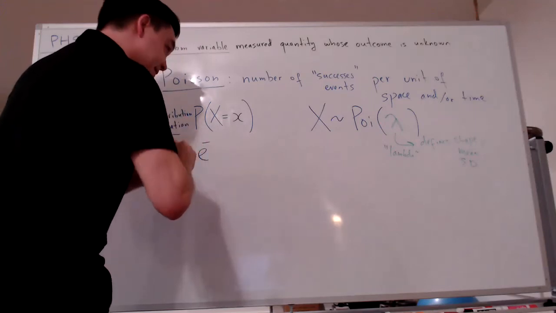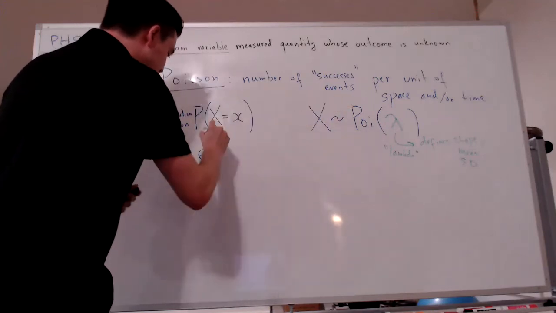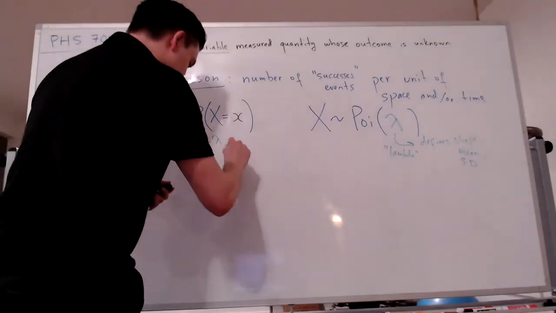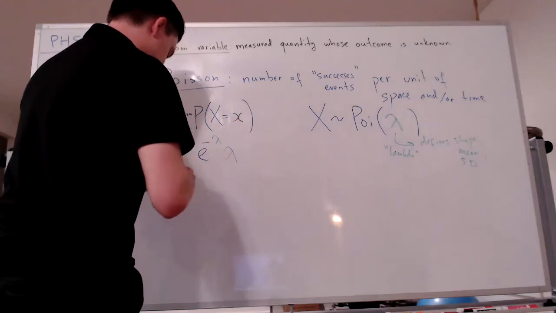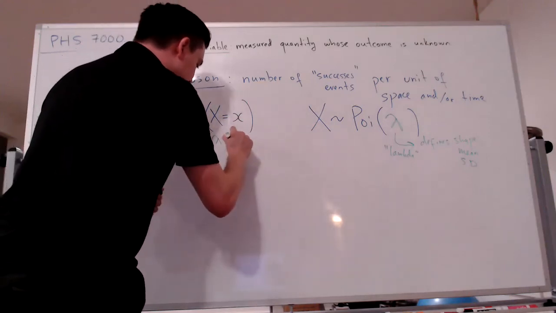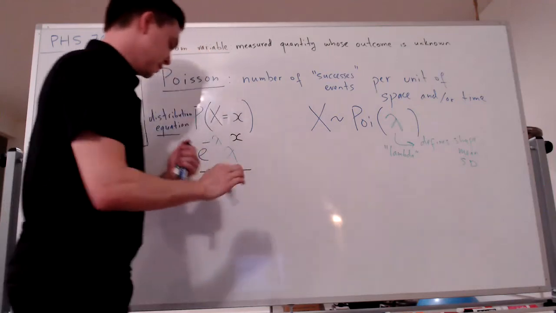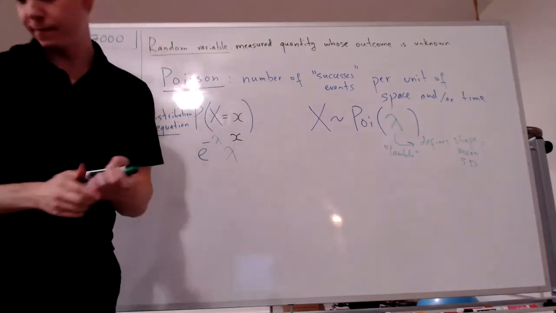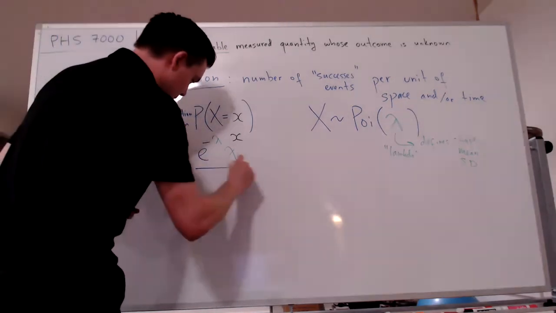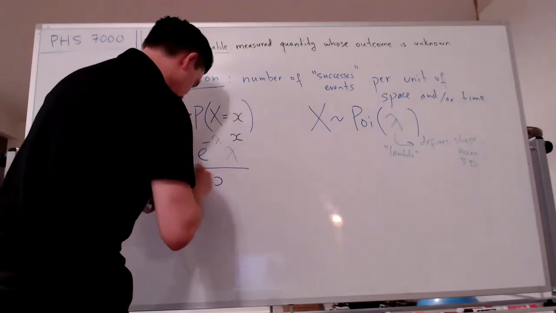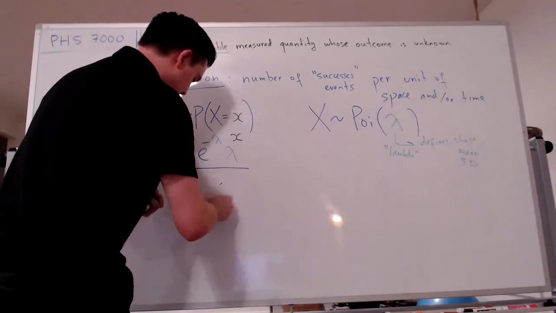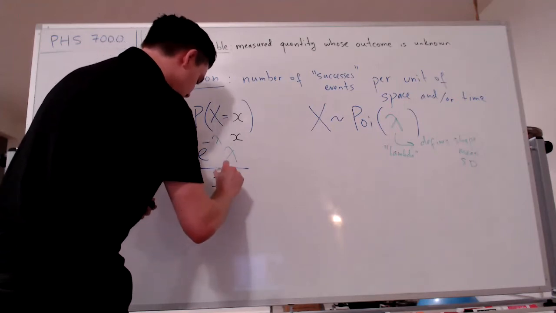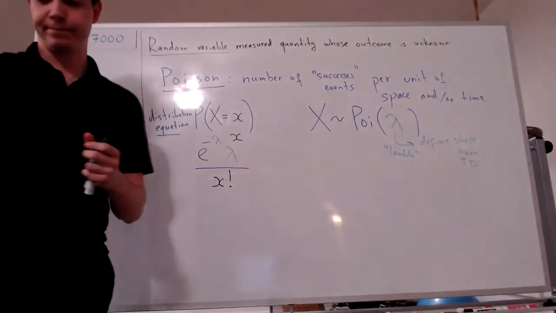E to the negative lambda, lambda to the x, divided by x factorial.